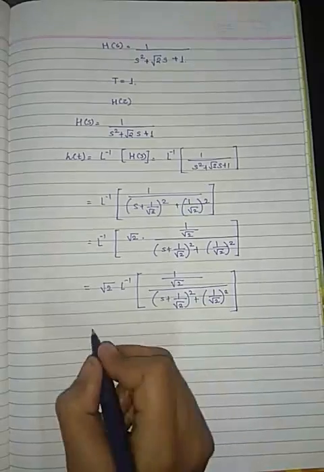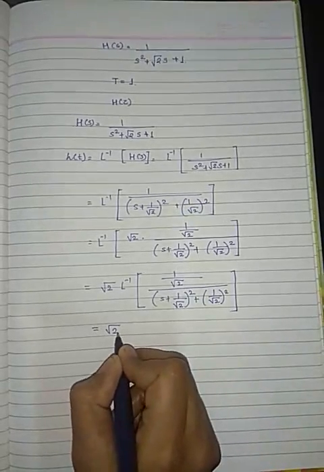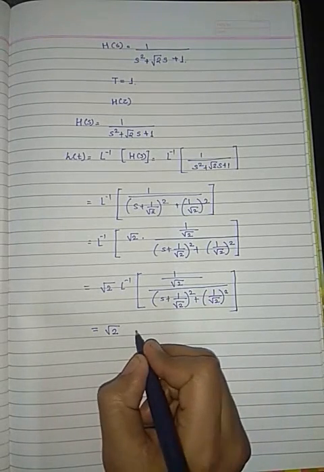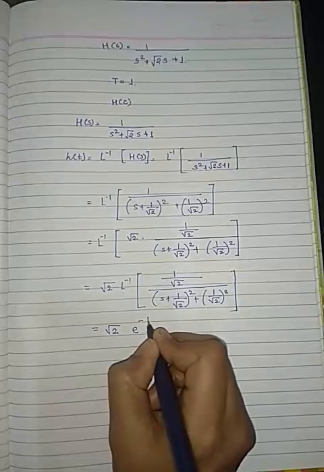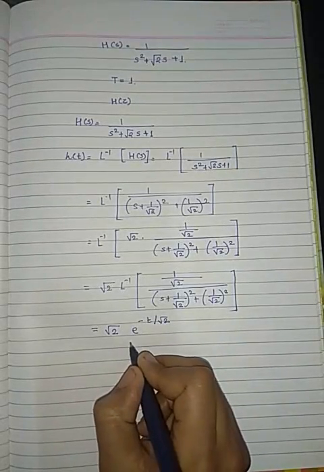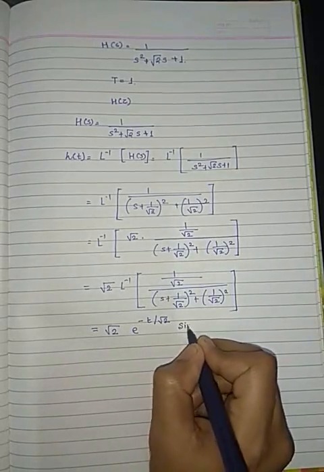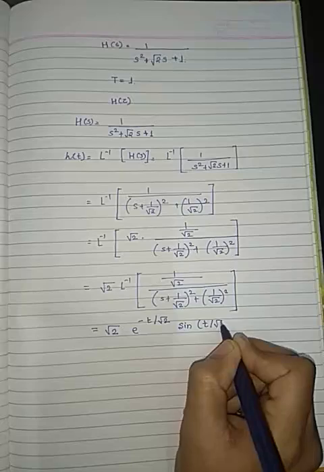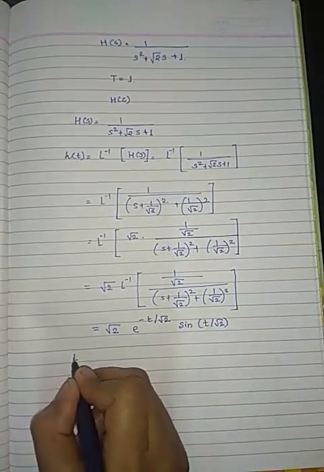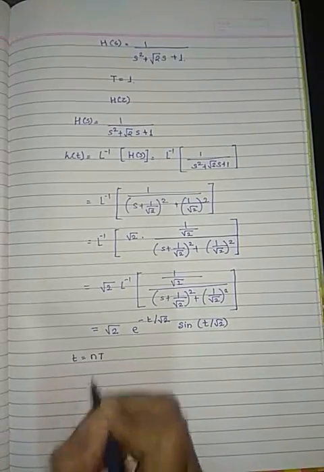So this is equivalent to square root of 2 into e raised to minus t divided by square root of 2 into sine t by square root of 2, by taking the inverse Laplace transform. Now here let t is equivalent to nT.